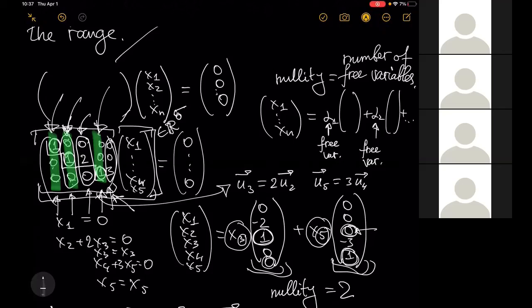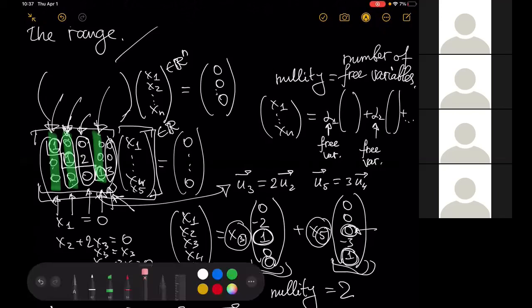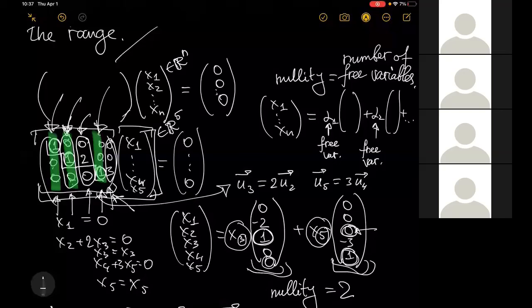Okay, so I feel like that's the part that I got confused. So the number of leading variables is the rank, but it's also just the dimension. But if we're talking about the dimension of the domain, then it's the rank plus the nullity. Plus the nullity, right?